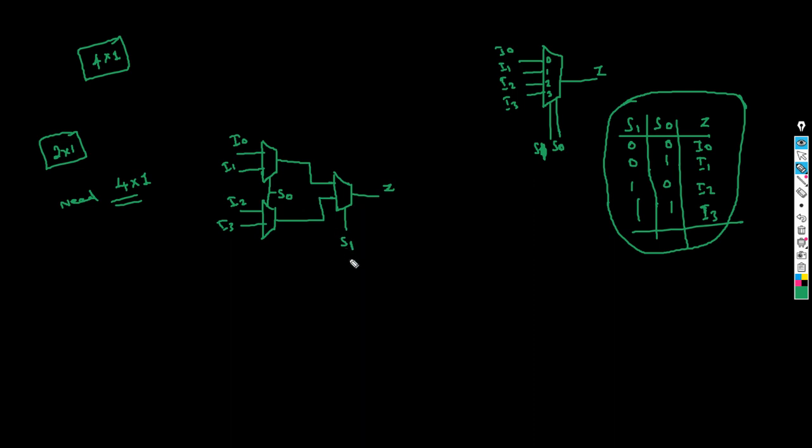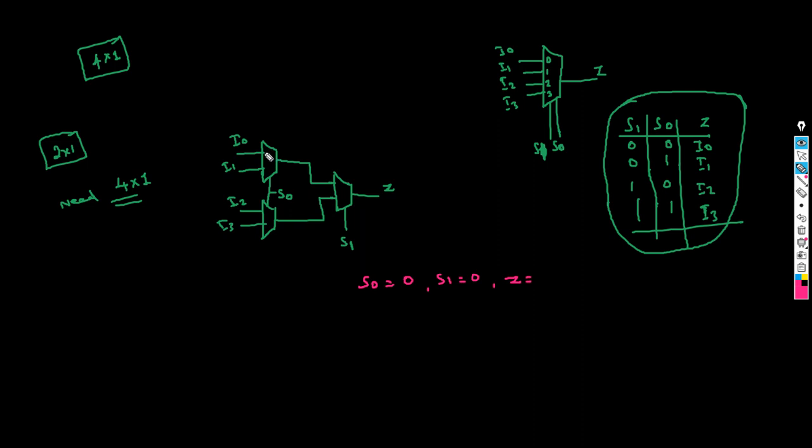We need to analyze by placing S1 S0 as 0, 0, so that we get I0 as output. As per the truth table, we are supposed to get I0. So if we check the circuit and get the same, then we designed it correctly.